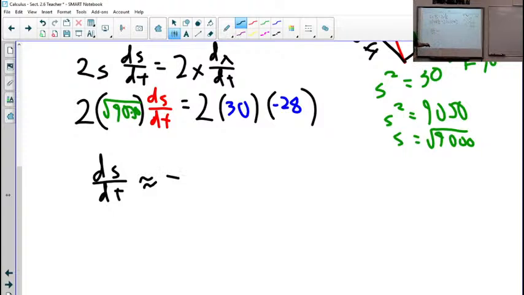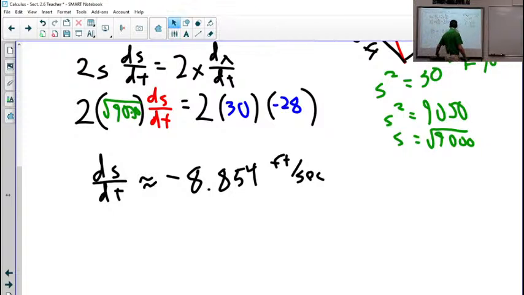How about that? 8.854, and that is in feet per second. We'd be dividing by 2 square root of 9,000. Okay, questions on that?